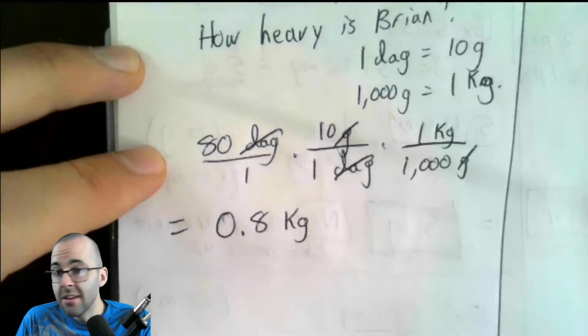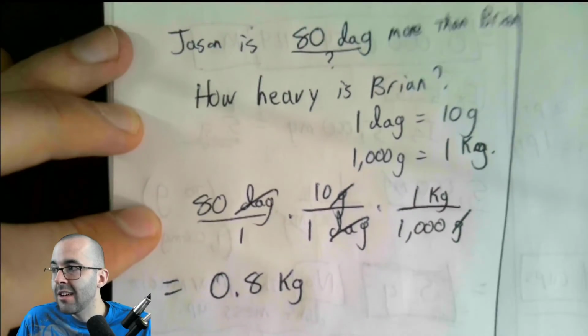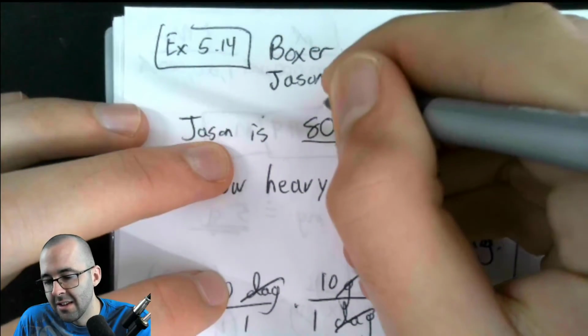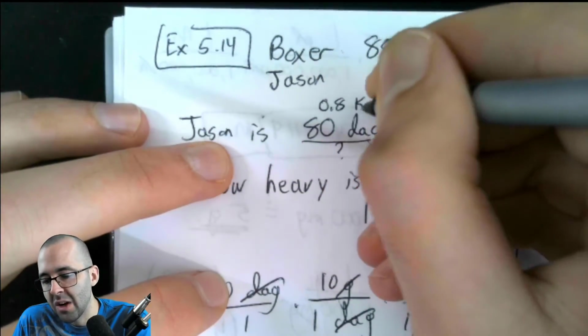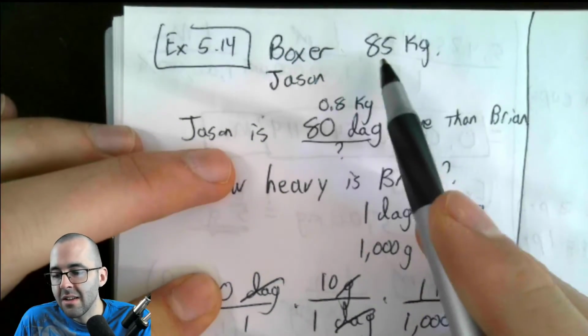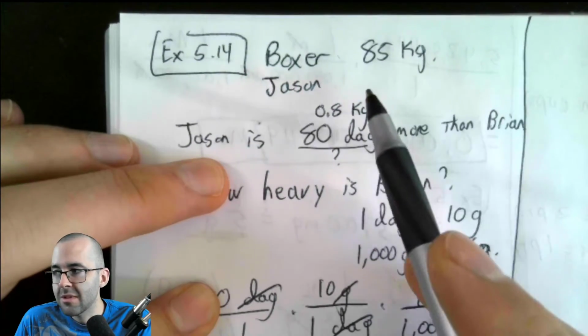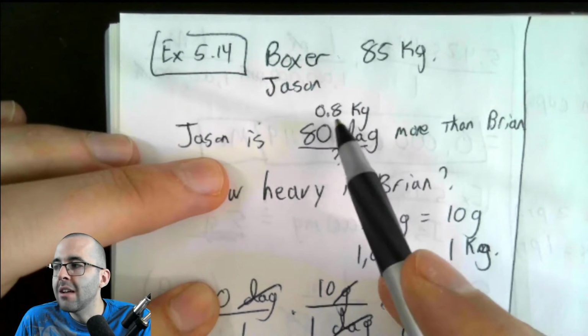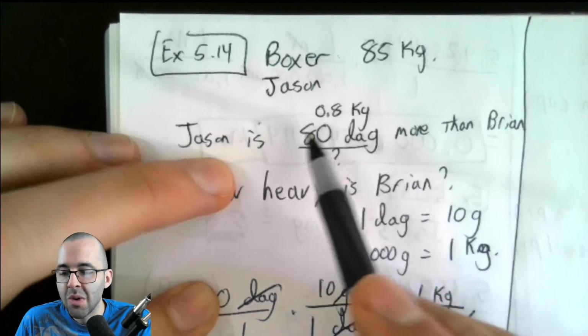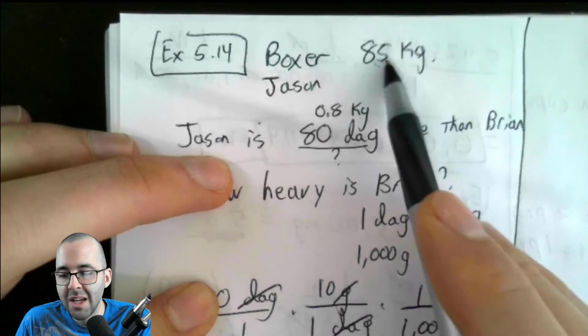So that's not our answer, right? Jason is 80 decagrams. So Jason is 0.8 kilograms more than Brian. Sorry, if I'm 0.8 kilograms more than Brian, Brian is 0.8 kilograms less than me.